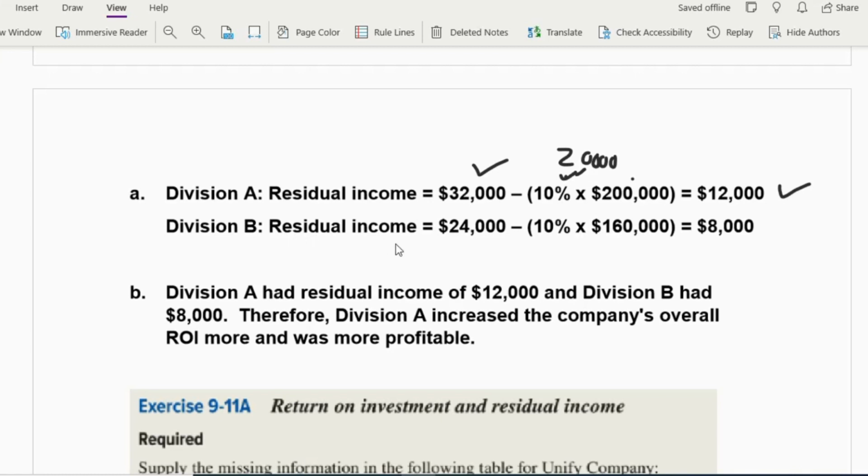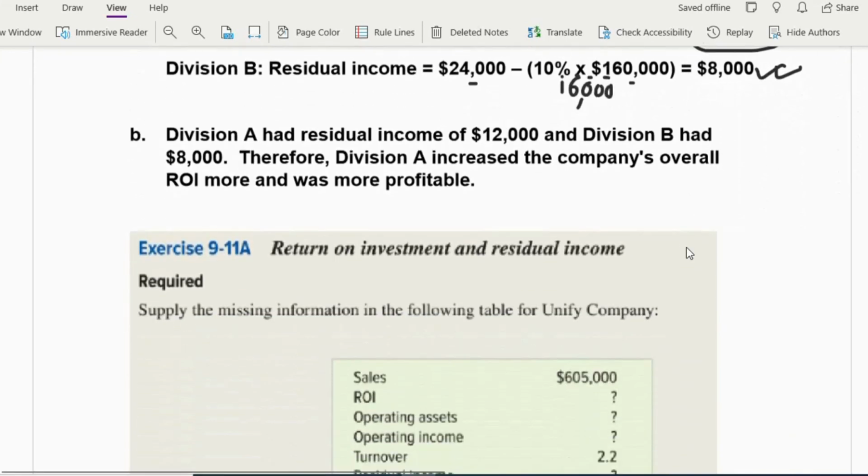Then for Division B, the operating income is 24,000, but the required income was operating assets of 160,000 multiplied by 10%, that is 16,000. So their residual income is 8,000. So Division A has given us more residual income compared to Division B, so Division A has increased the profitability more than Division B.